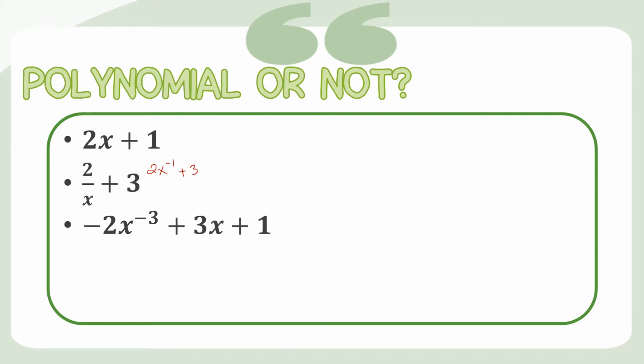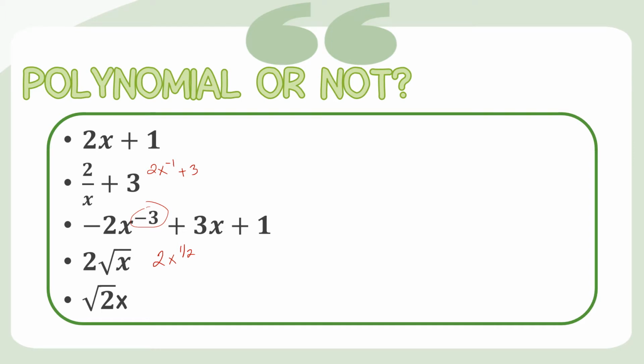Next. Yes, this is not because of negative 3. Next. 2 times square root of x. Okay, this is not a polynomial because this expression can be written as 2 times x raised to 1/2. Next.